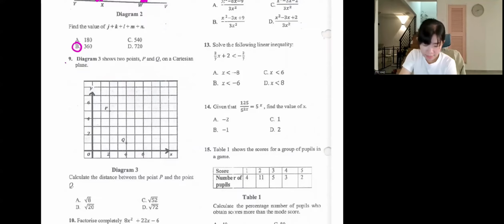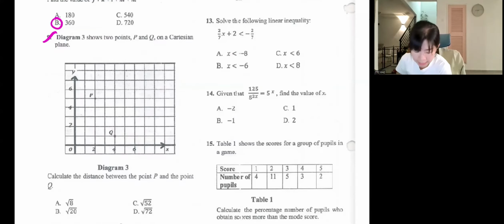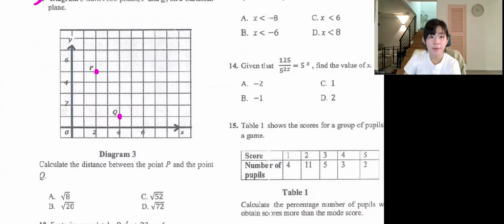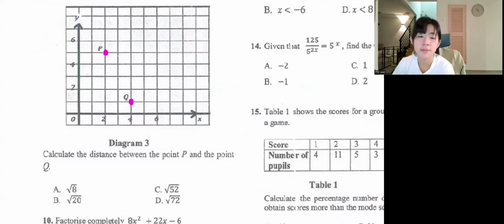Okay, number 9. Calculate the distance between point P and Q. So here P, here Q. Okay, you tell me your answer.